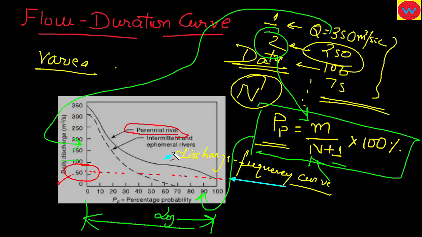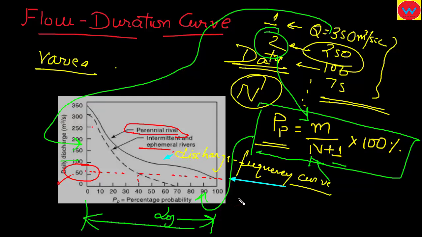But for intermittent or ephemeral rivers, the probability changes with discharge. For example, for 250 cubic meter per second you have 10%, and for, let us say, 50 cubic meter per second you have 40% dependable flow. So these rivers do not have any value of discharge for which there is 100% dependable flow.